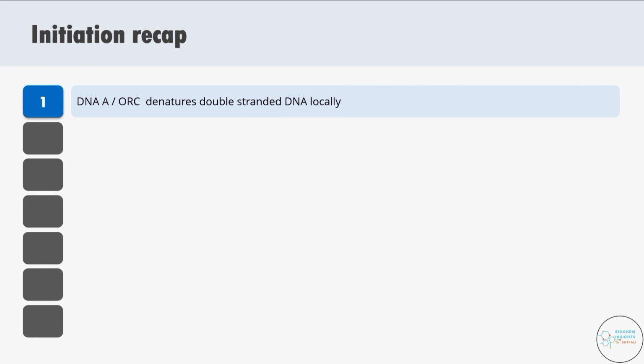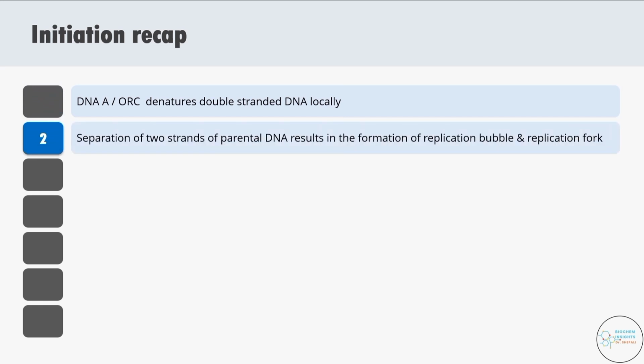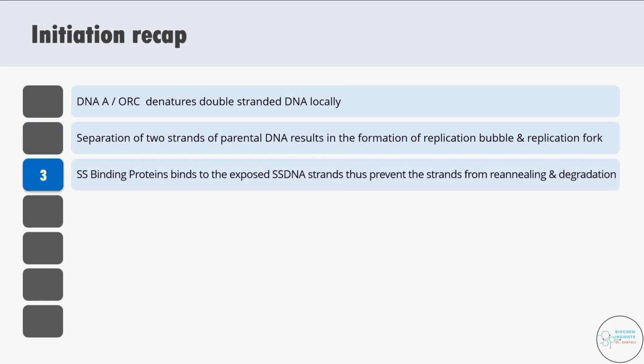So number one, DnaA or ORC denatures double-stranded DNA locally. Separation of two strands of parental DNA results in the formation of replication bubble and replication fork. Single-stranded binding proteins bind to the exposed single-stranded DNA, thus preventing the strands from re-annealing and degradation.